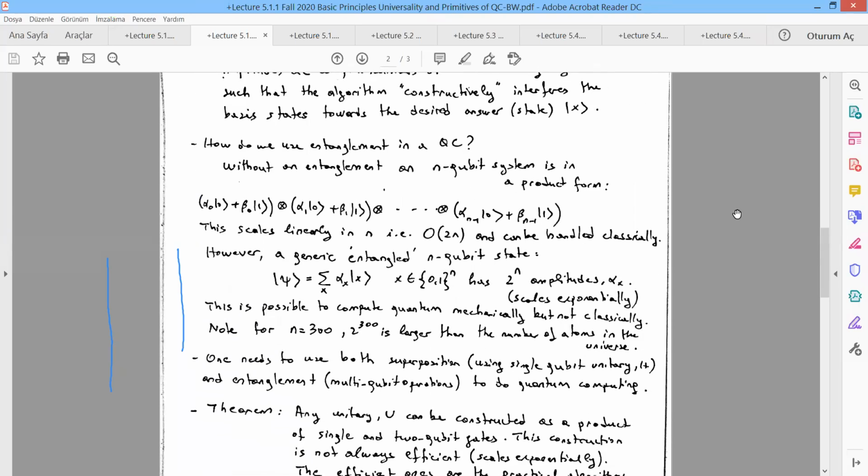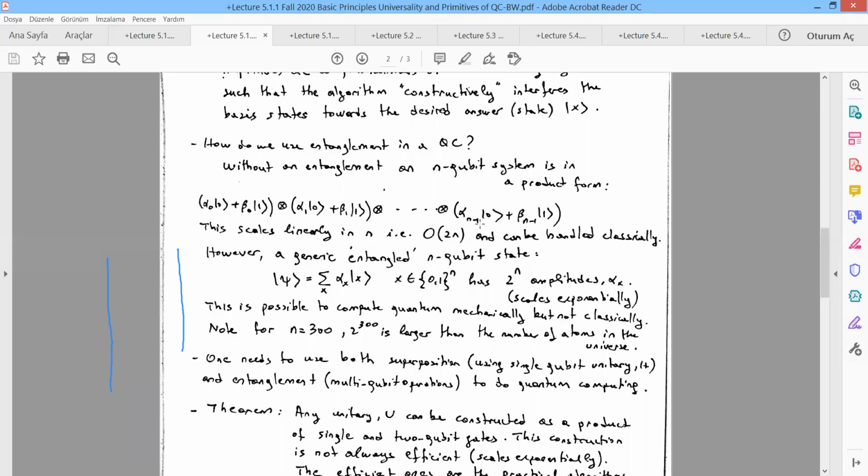Another property of quantum systems that's not available in classical systems is the entanglement property. Without entanglement, an n-qubit system is in a product form. Let's suppose we have these n qubits, and each one of them can be represented as a quantum state, like alpha 0 ket 0 plus beta 0 ket 1, tensor alpha 1 ket 0 plus beta 1 ket 1, tensor dot dot dot, and the last one, alpha sub n minus 1 ket 0 plus beta sub n minus 1 ket 1.